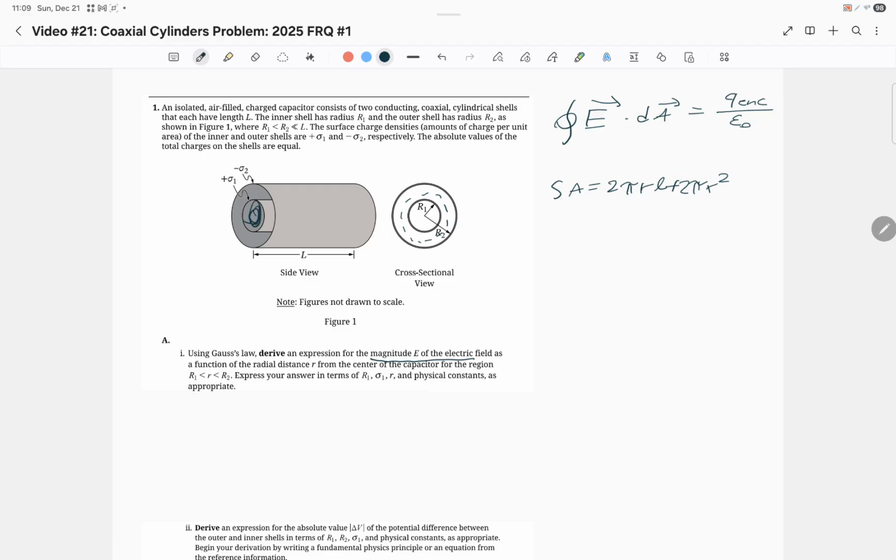The electric field at the caps is parallel to the surface, so when we do E dot dA, the angle between them is 0, and we have E dA sine theta, which becomes 0 because sine 0 is 0.